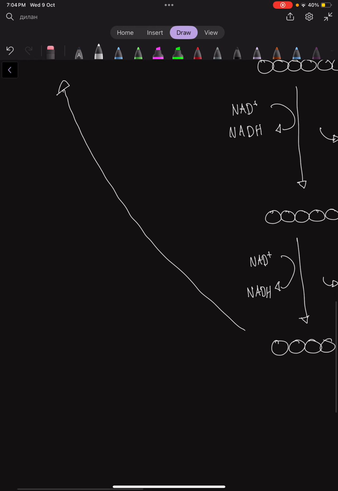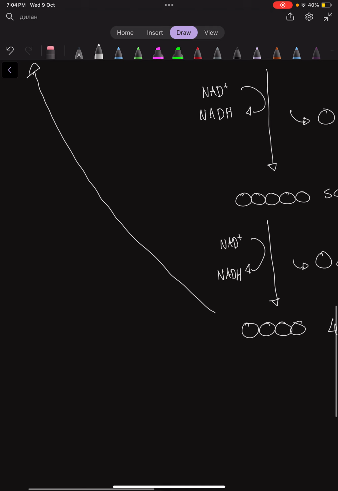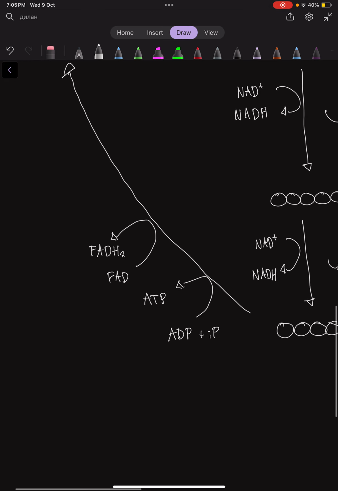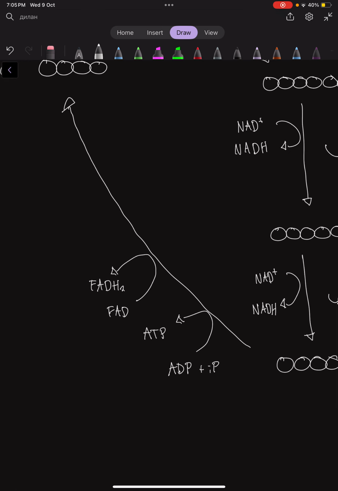And here we have the reduction of a few things. First off, just to memorize these, we have an ADP plus a P, that inorganic phosphate, becomes ATP. Then we have FAD becomes FADH2. This FADH2, it's an electron carrier, right? It's not in photosynthesis.